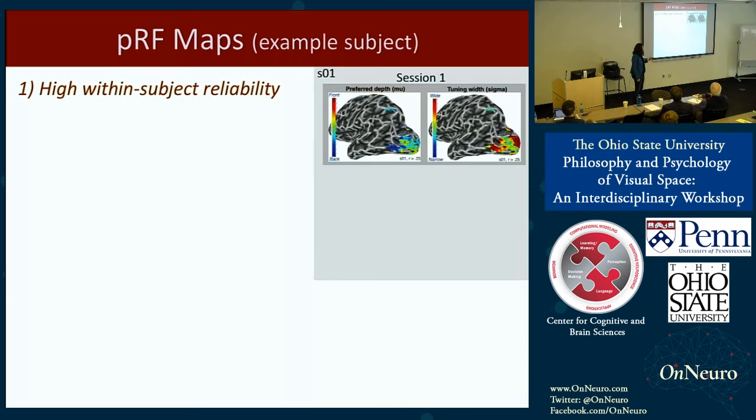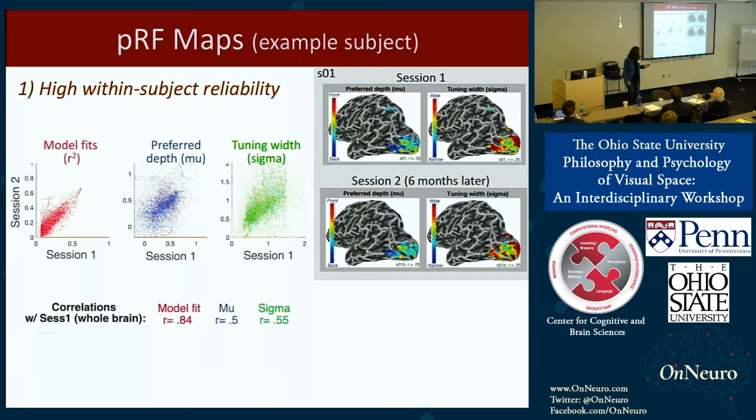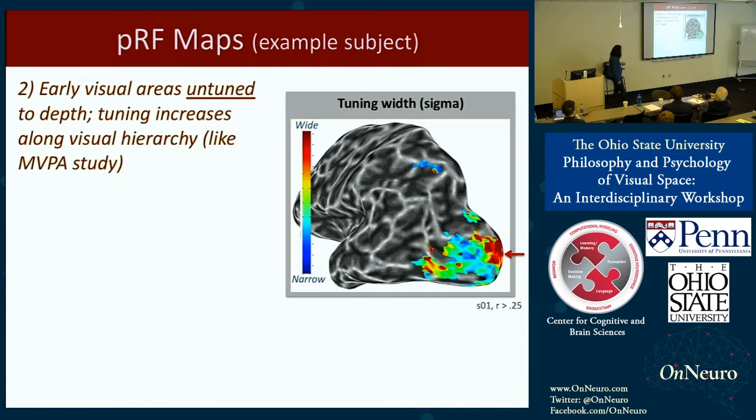This is one subject taking their first session, and this is a second session 6 months later. Hopefully you can compare and see. Visually, they look pretty similar. Mathematically as well: if we correlate every voxel across the brain, we get really high correlations within a subject. So at least on an individual person's level, it does seem like we're getting something real with this technique. What it means remains to be seen, but it seems to be reliable.